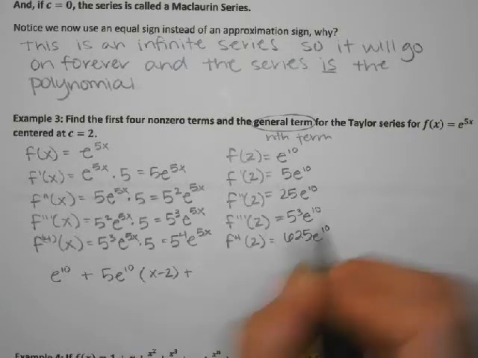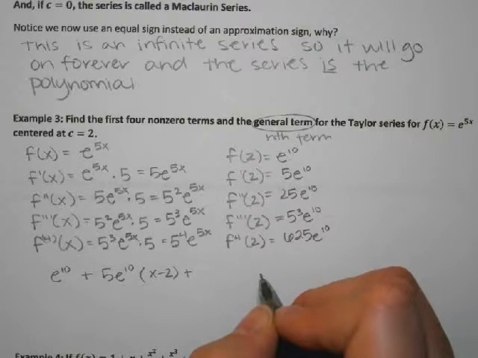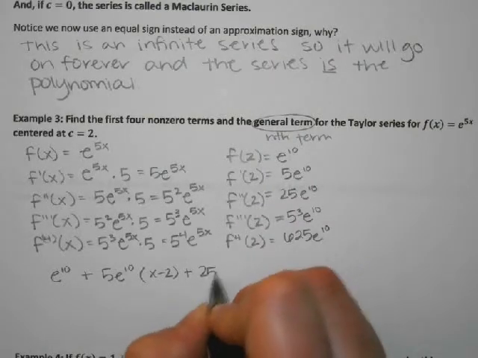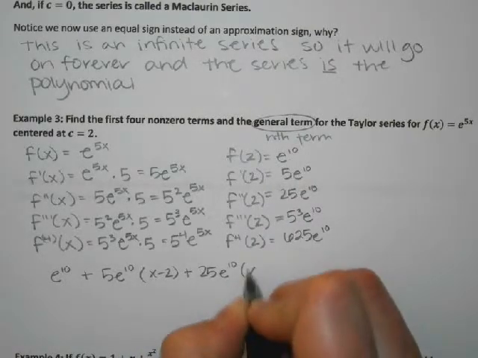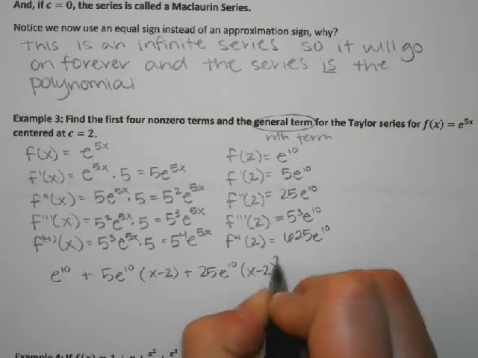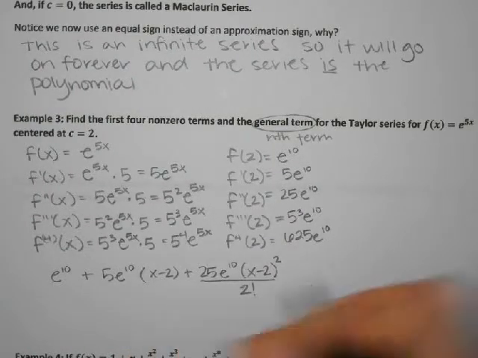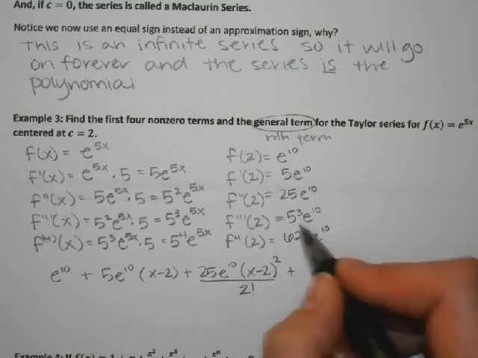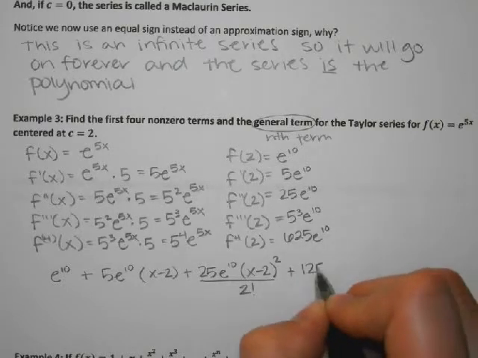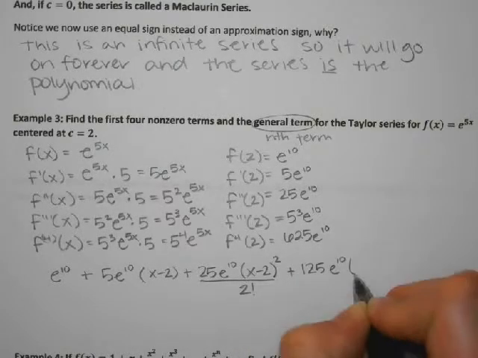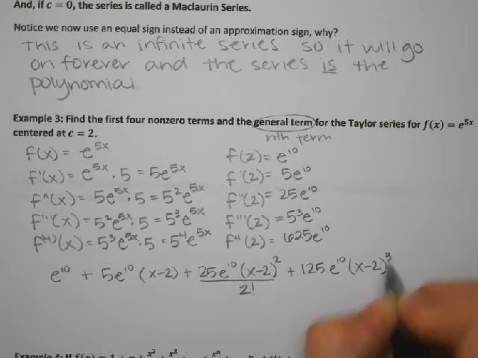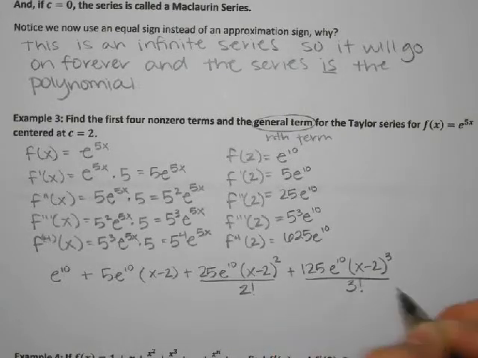Plus, do you guys want to do 5 squared or 25? 25. E to the 10, x minus 2 squared over 2 factorial. Okay, plus, we're going to do 125. We're going to be consistent. E to the 10, x minus 2 to the third over 3 factorial.